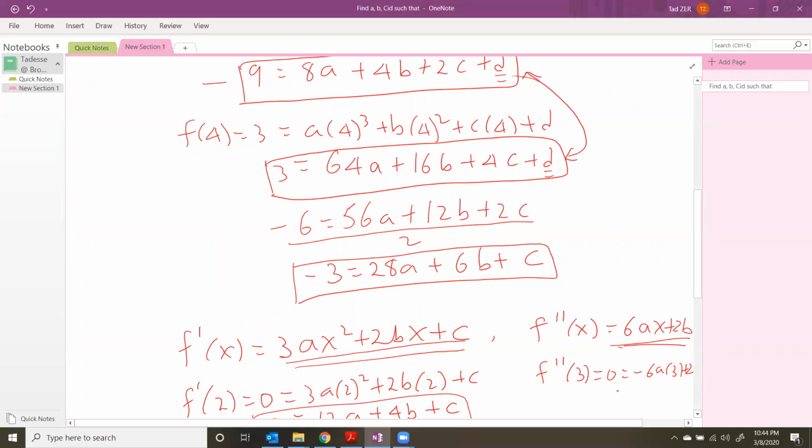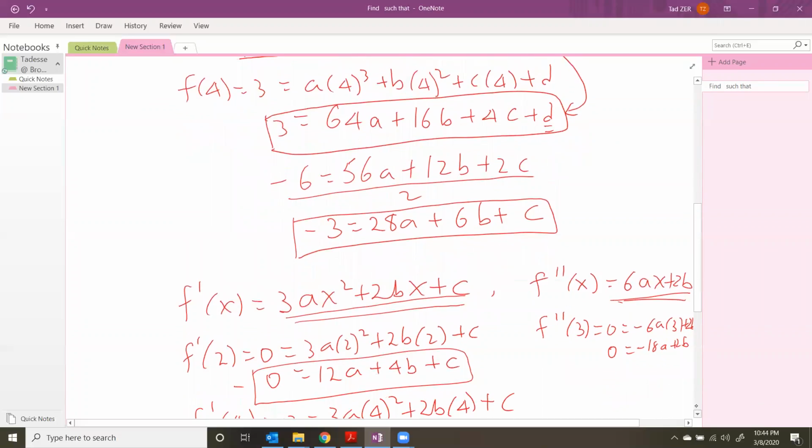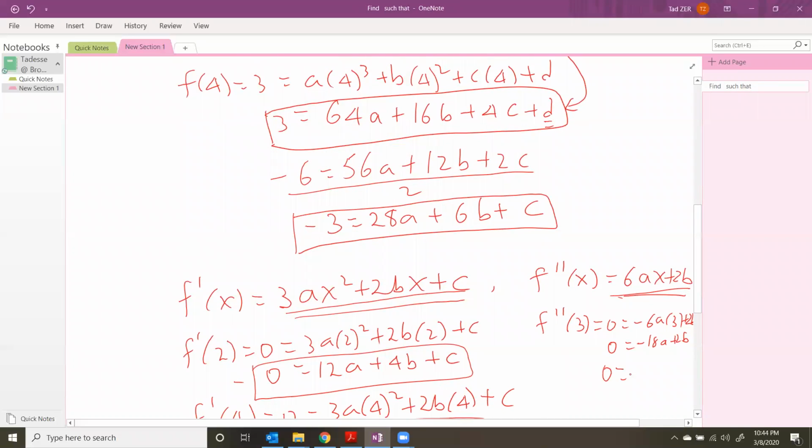Which is what? 0 equal to negative 6 times 3 is negative 18a plus 2b. I have to move a little bit. So that is the second equation, 0 equal to negative 18a plus 2b.